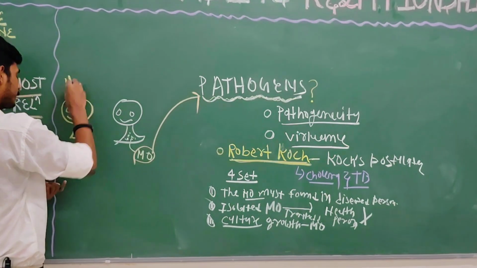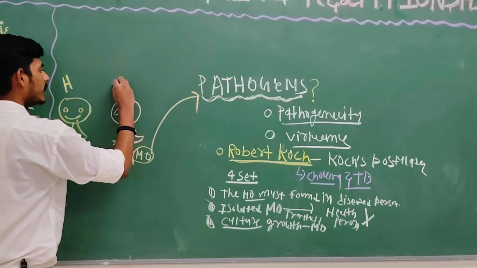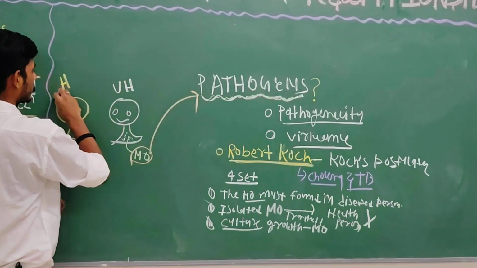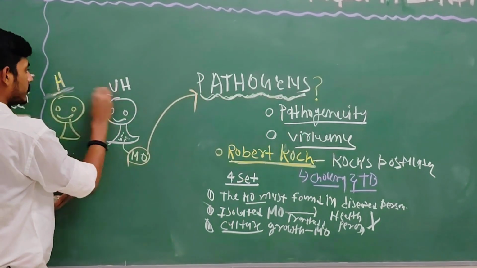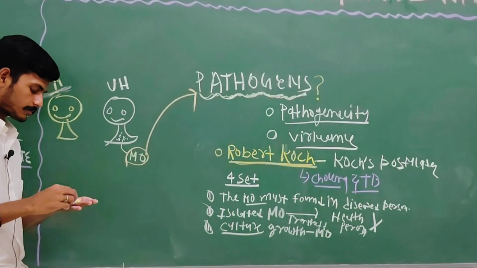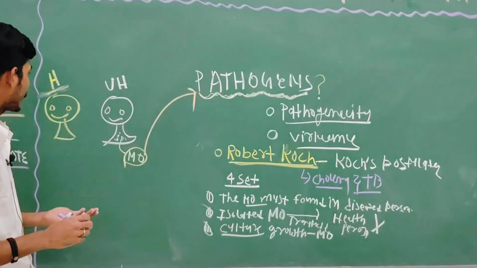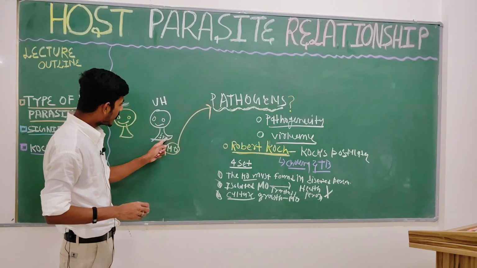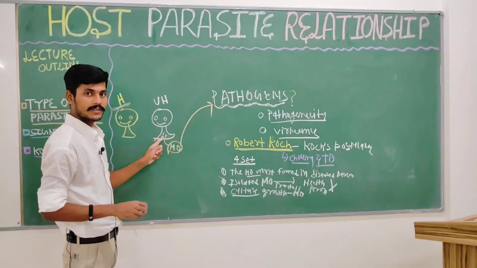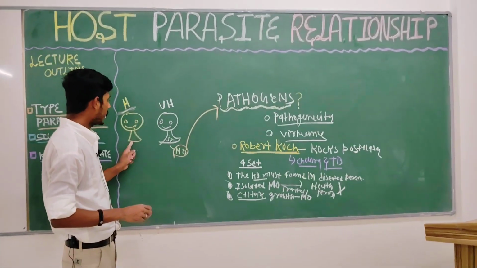This is a healthy one, and this is an unhealthy person. The organism is only confined to the unhealthy person, and it will not be present in the healthy persons.